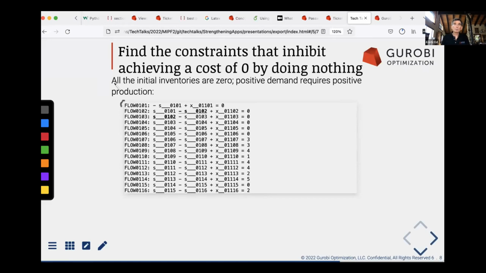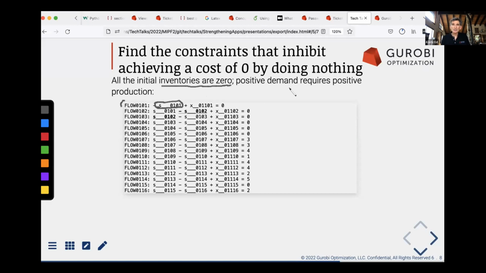And what we see here is that the model is such that all initial inventories are 0. If you look in the LP file, the initial inventory, which is given by this variable, is not set. I guess it can take a positive value, but there's no benefit to doing so.